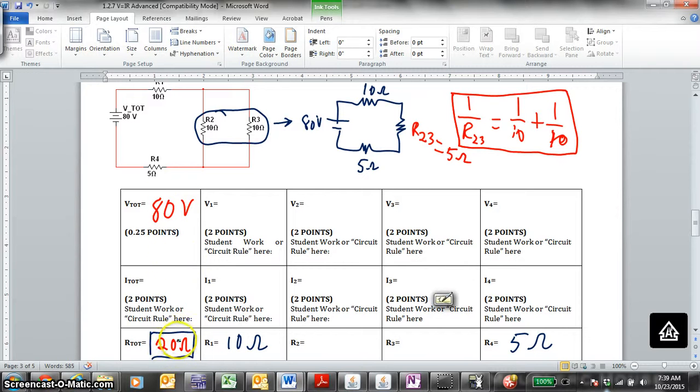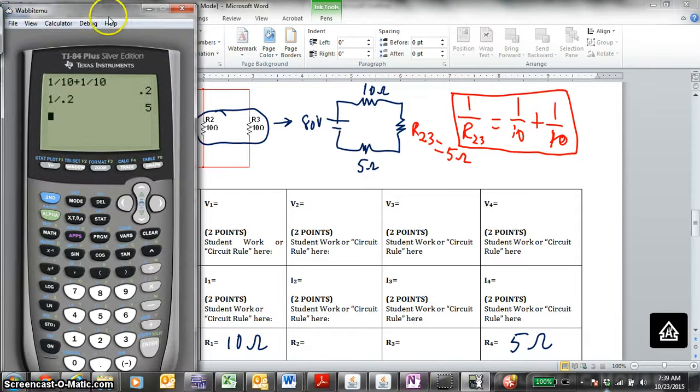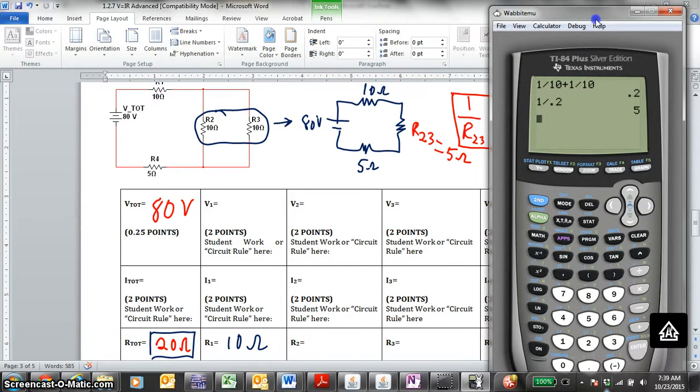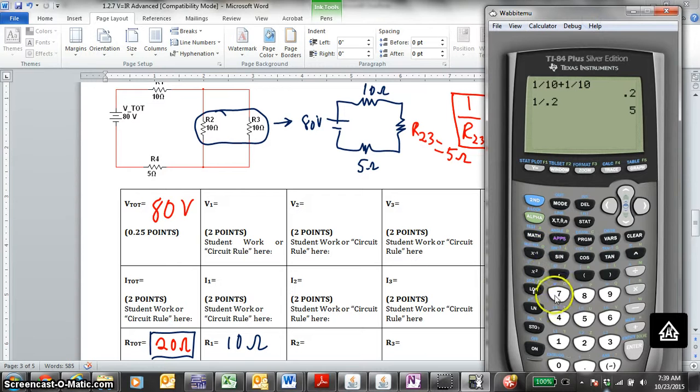Since you have V total and R total, you can find I total. Trusty calculator. Remember, V equals IR, so that means I equals V over R. For the total column, it is 80 divided by 20. There are 4 amps.